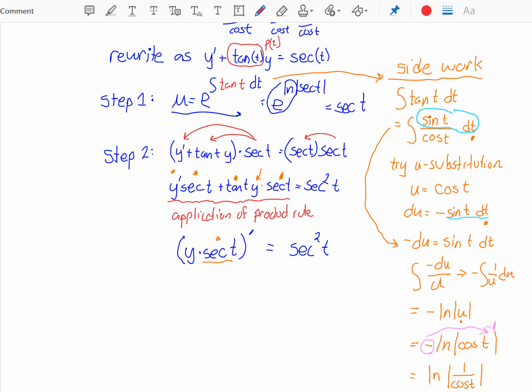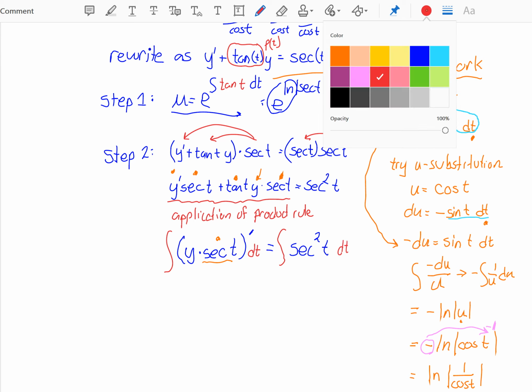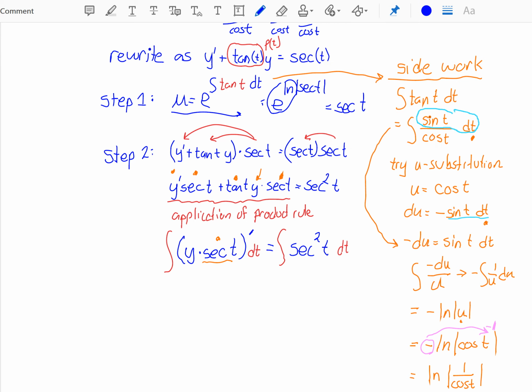Okay. As we proceed, we will now choose to integrate both sides of the DE with respect to t. Now this is technically step 3, but I keep forgetting to write step 3.